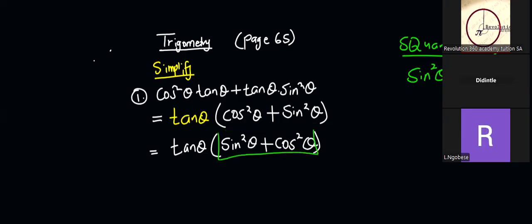Since they're saying simplify, we'll just say tan theta, open bracket. Since we now know from the square identity that sine squared theta plus cos squared theta equals 1, we just write 1. Then the next step is multiplying: tan theta times 1 gives you tan theta.